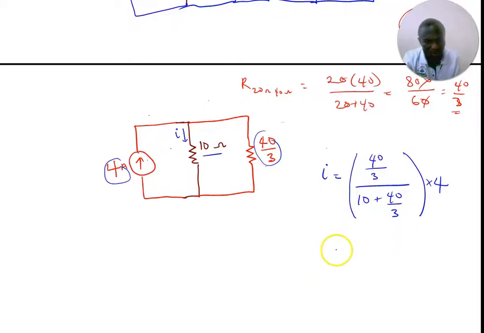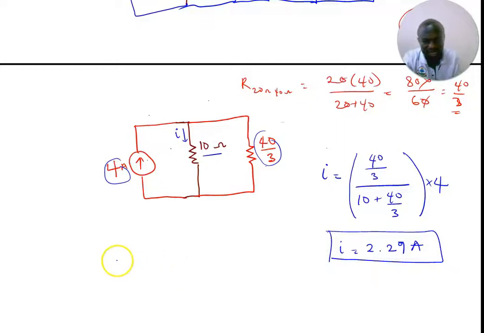So at the end, I'm going to get the I to be what? 2.28 or 2.29 amps. Right. So this is going to be the current value. So to find the voltage at the 10 ohm resistor, all that I need to do is to multiply the current with what? With the 10 ohm resistor.